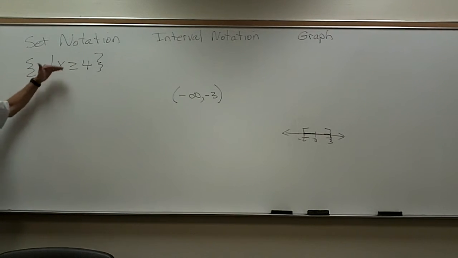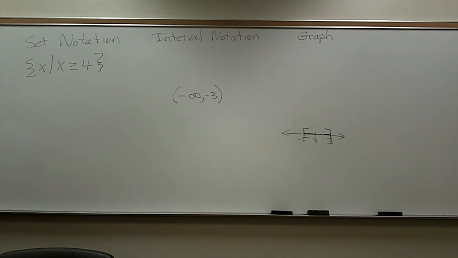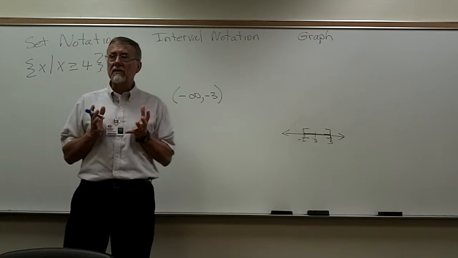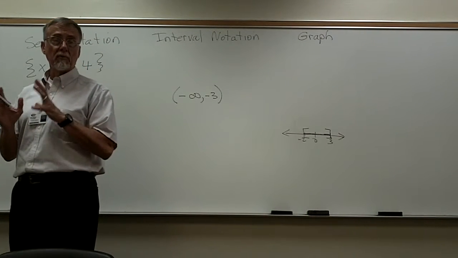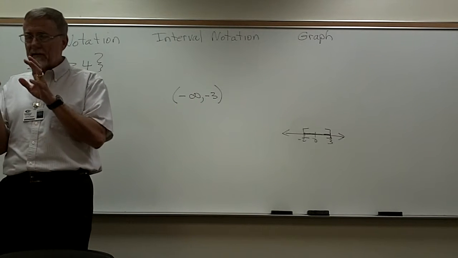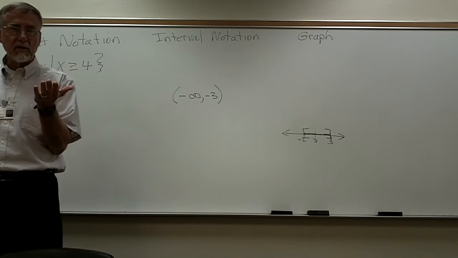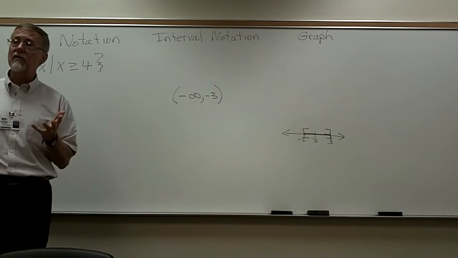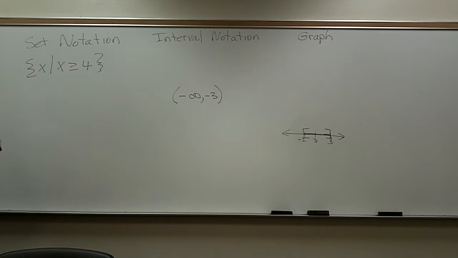Now, set notation is translated into interval notation, and when you translate it, we have a couple of basic things we have to use. First of all, interval notation uses parentheses or brackets. So both the left side and the right side of your interval notation will be represented using either a parenthesis or a bracket.